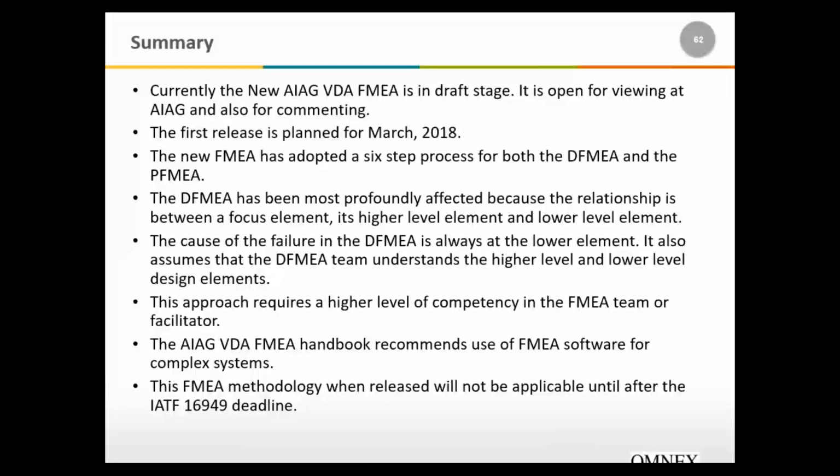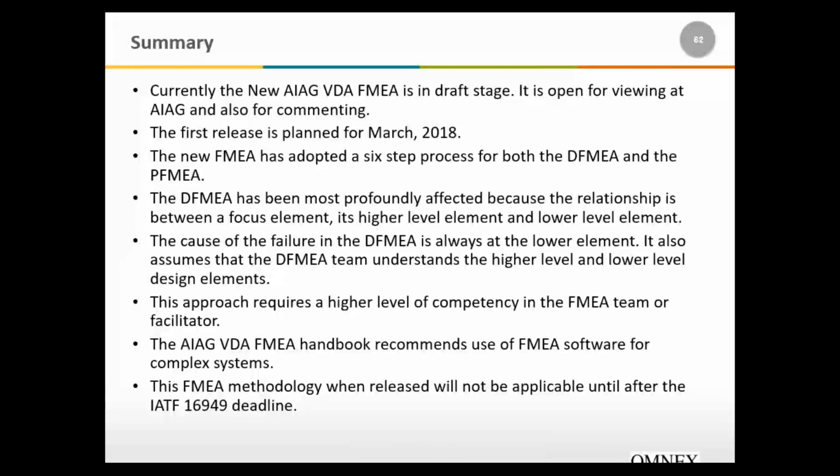So the fifth bullet here: the cause of the failure in the DFMEA is always at the lower level element. It also assumes the DFMEA team understands the higher level and the lower level. Of course, to really make it work well, customers, suppliers and sub-suppliers now need to work together. And a comment from Greg: this approach requires a higher level of competency in the FMEA team or facilitator.